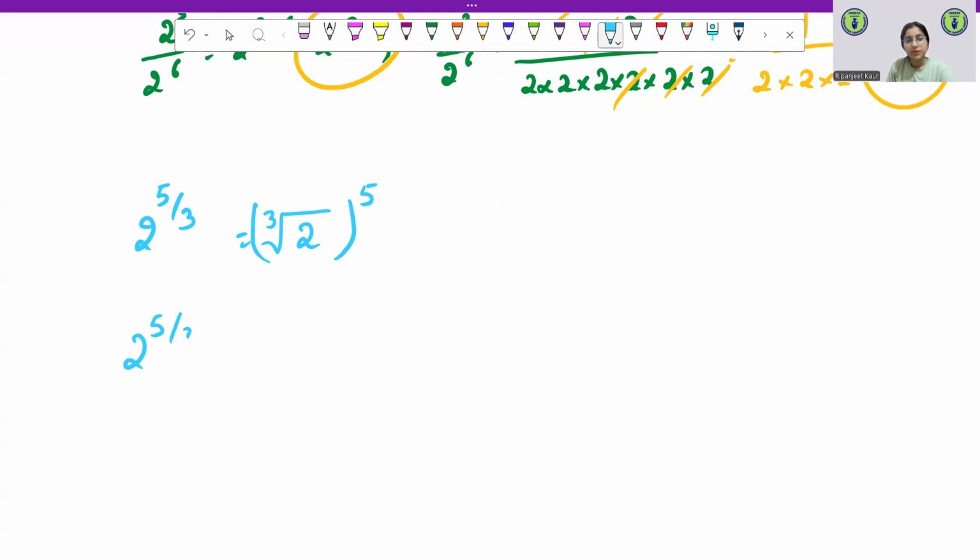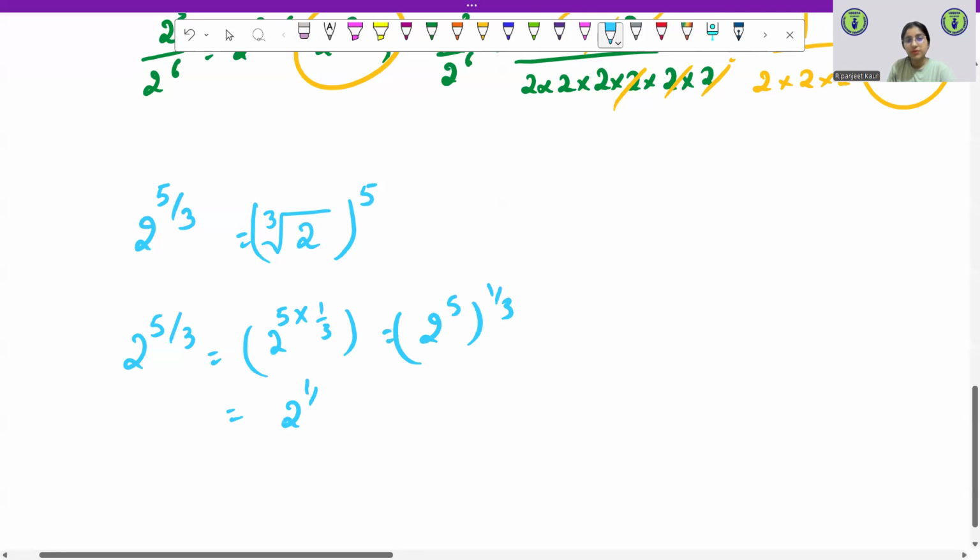Because we know the power rule says power to the power. Sorry for the mistake here. 5 times 1/3. And this is what? 2 raised to power 5, power 1/3. Or we can write it as 2 raised to power 1/3, power 5. Both ways are good.